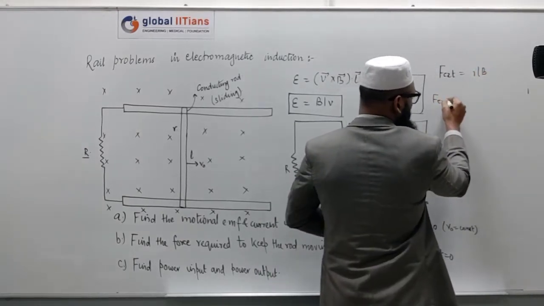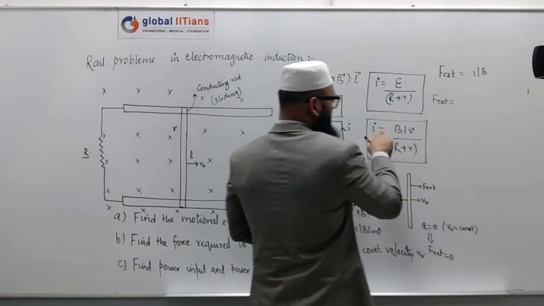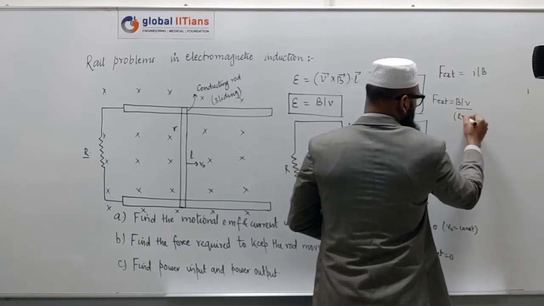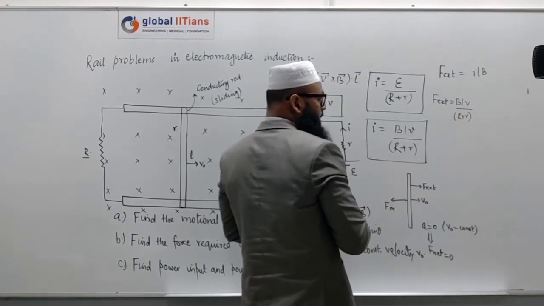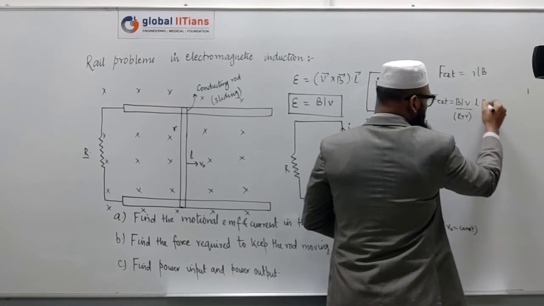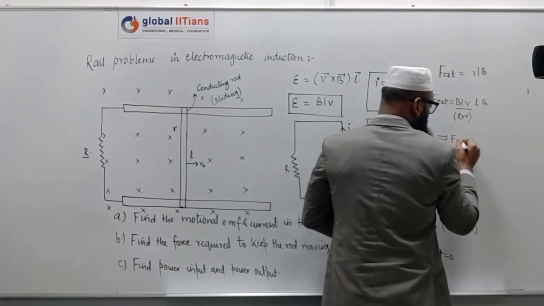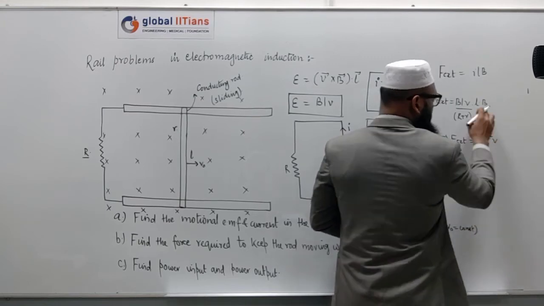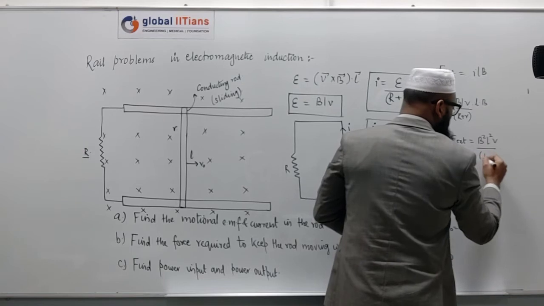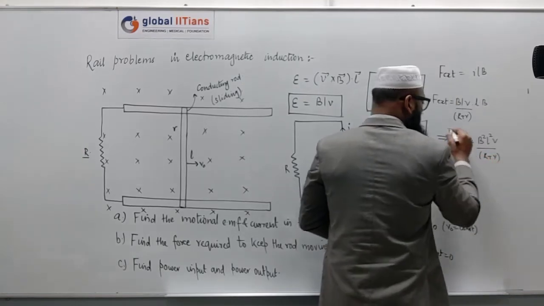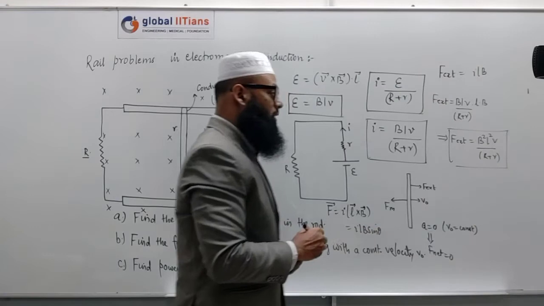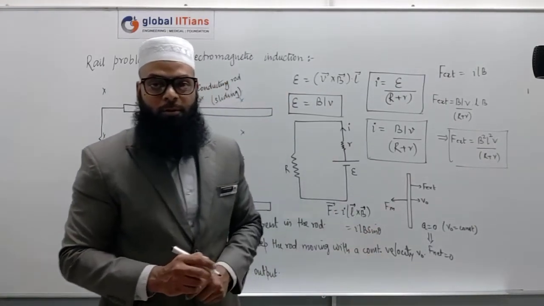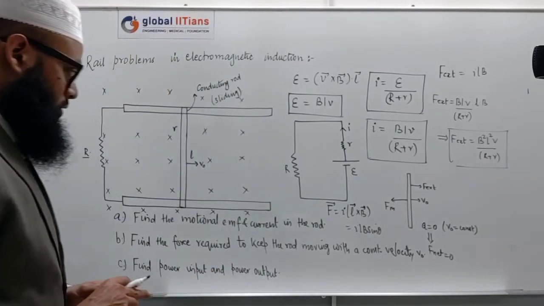Or the external force that you are going to apply is B L v upon R plus R into L into B. So the external force that you are going to apply is equal to B square L square v upon R plus R. That is the external force that you need to apply in order to make the rod continue moving with the velocity v naught. Okay.